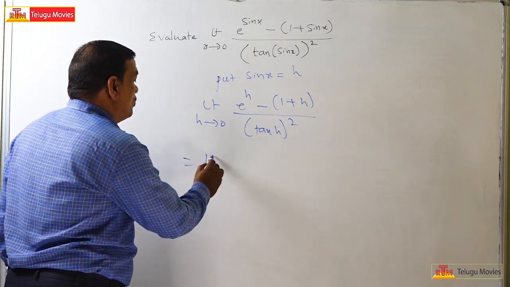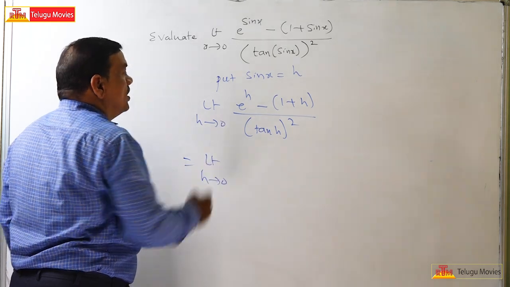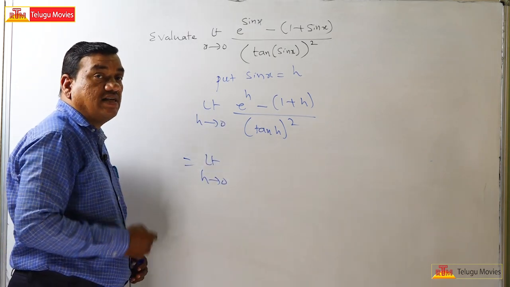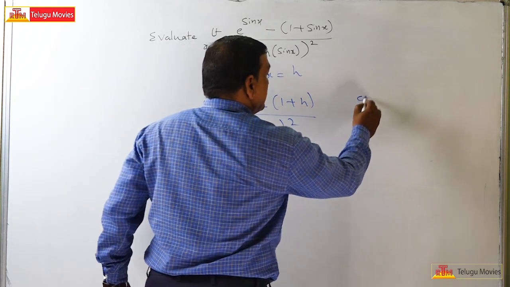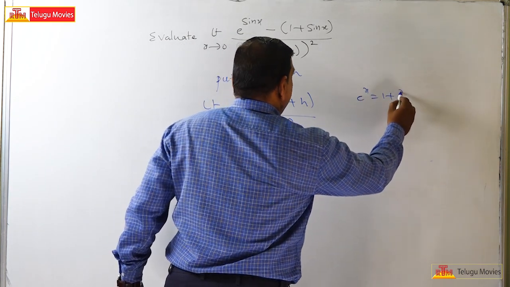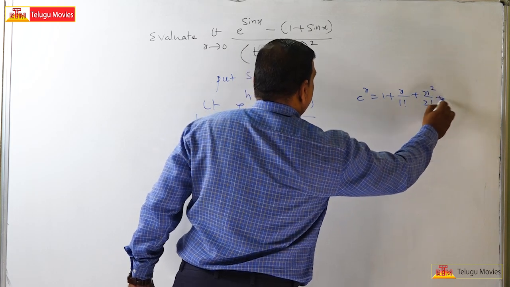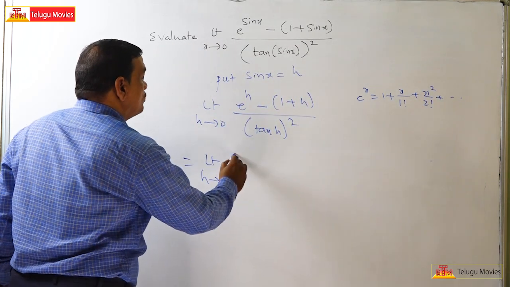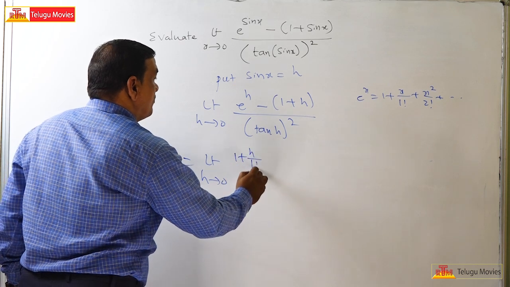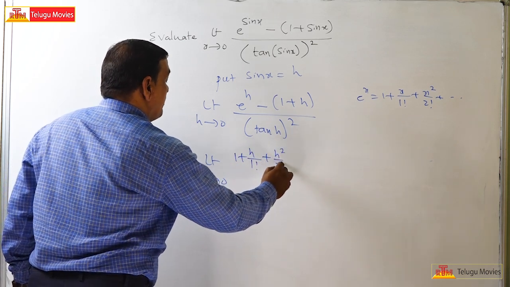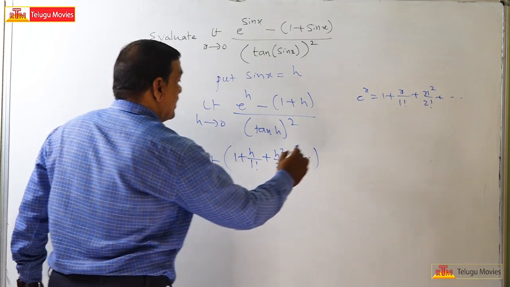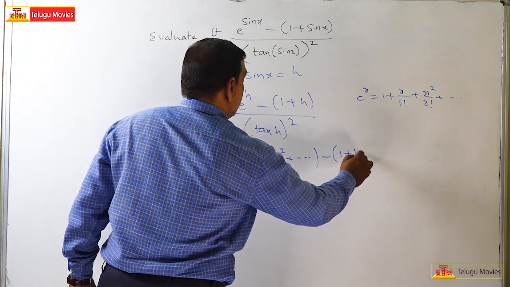So this is equal to limit h tends to 0, e power h means 1 plus h by 1 factorial plus h square by 2 factorial and so on. Then the 1 plus h will come.